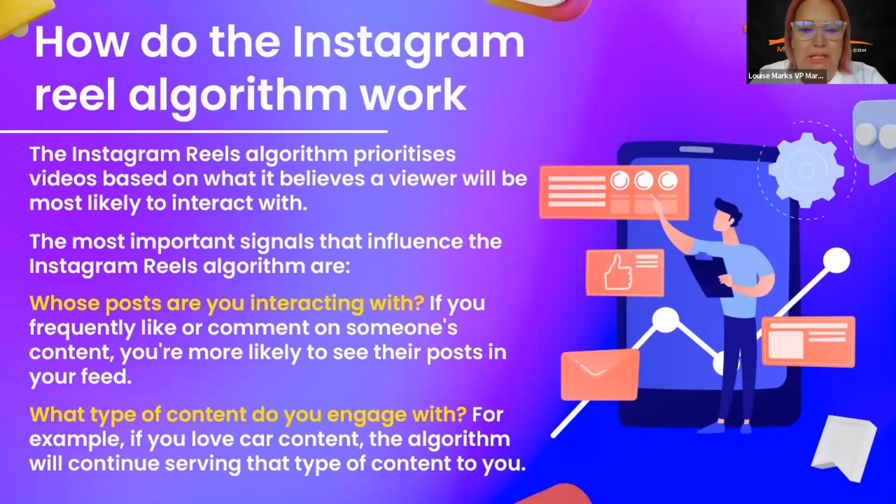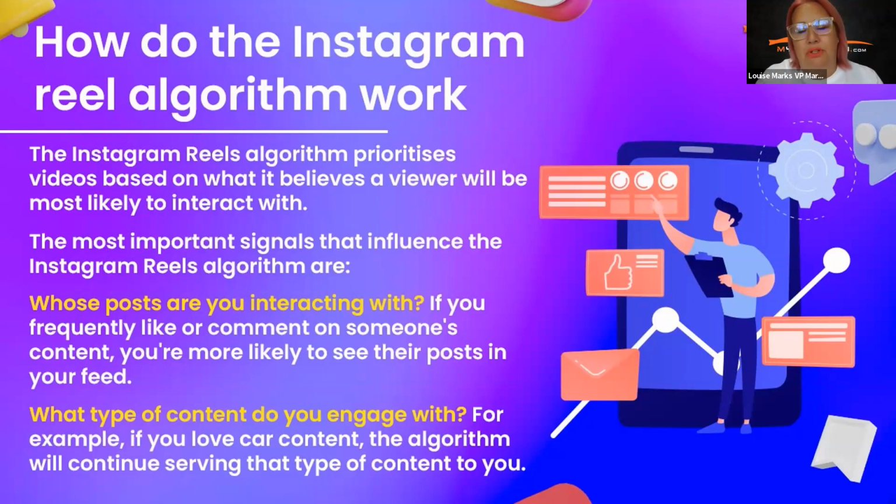So basically the algorithm works for you and it will continue serving that type of content to you. So the more content you put out, and if you're using MLM as a hashtag, or mindset, because obviously I've shown how to find the best hashtags, the algorithm will recognize that.